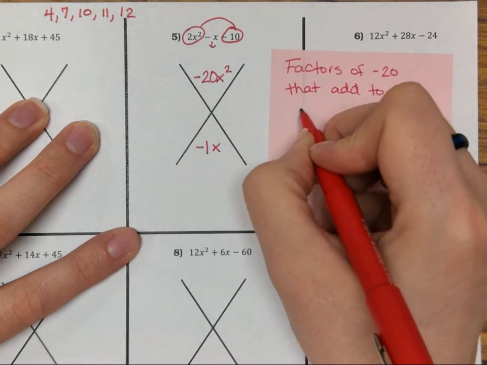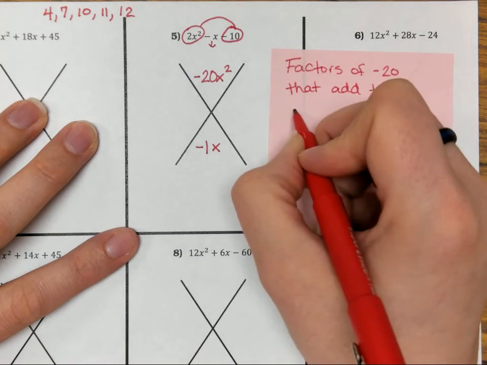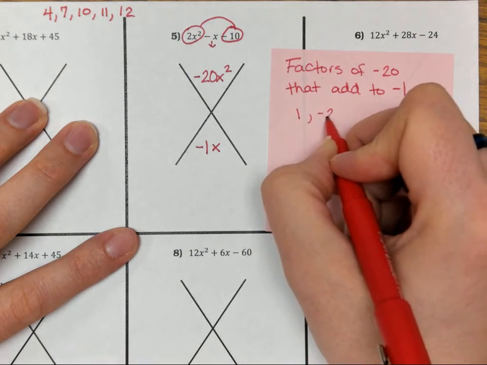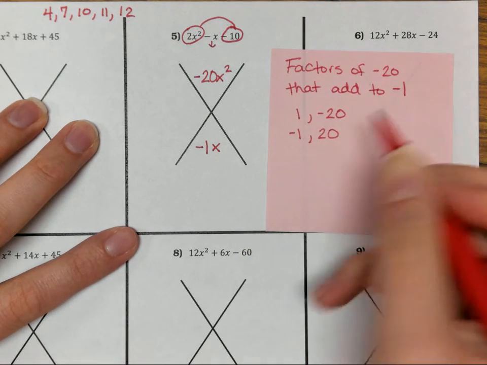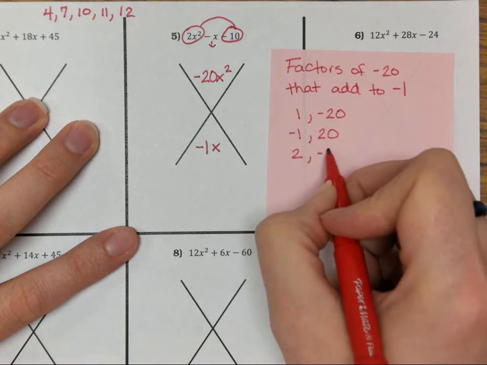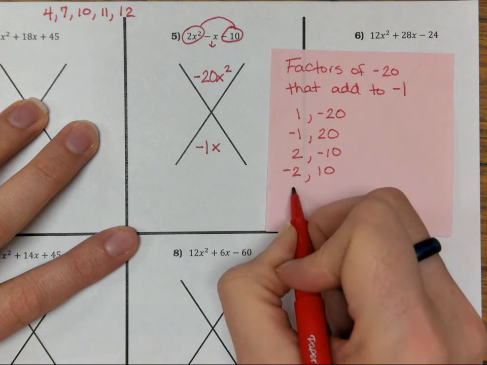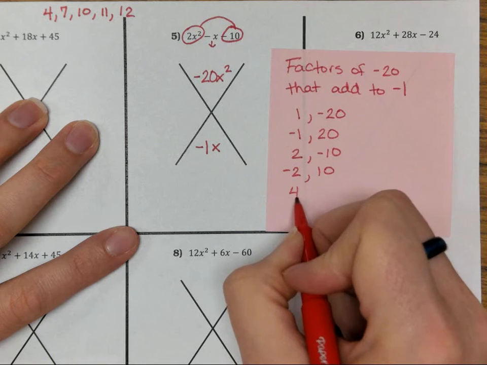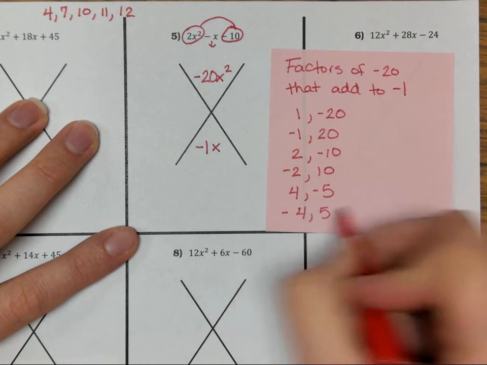So factors of negative 20. Well, if I want a negative number, that means I need a positive number and a negative number. So 1 and negative 20, or negative 1 and positive 20. 2 and negative 10, or negative 2 and positive 10. 4 and negative 5, or negative 4 and positive 5.